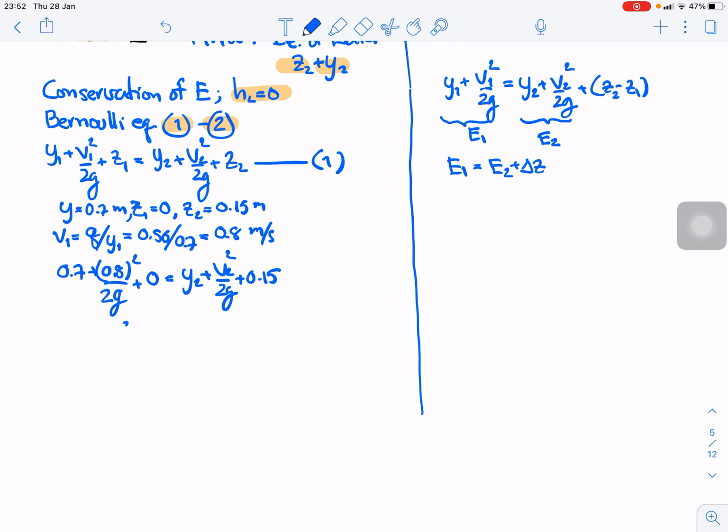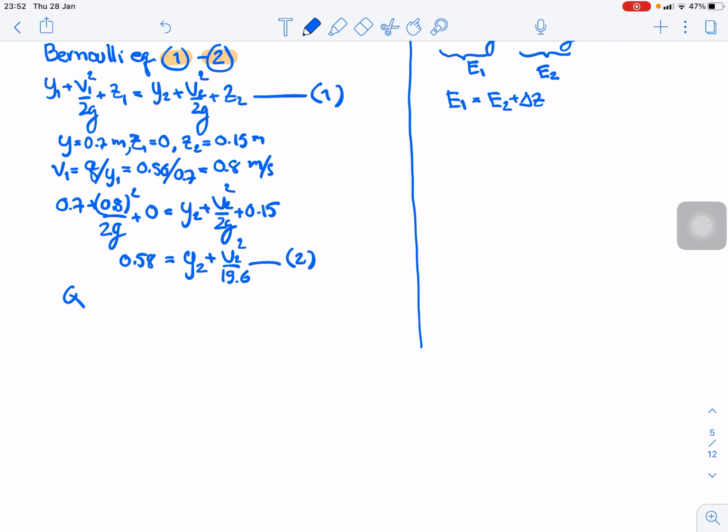Okay, so we rearrange this equation to get y2 plus v2 squared over 19.6. That is equation 2.